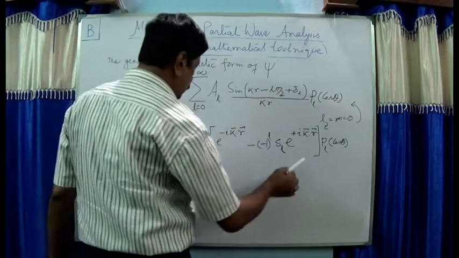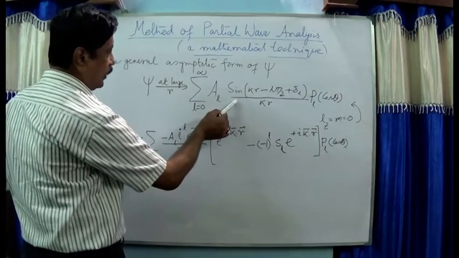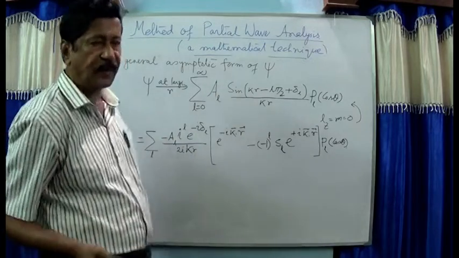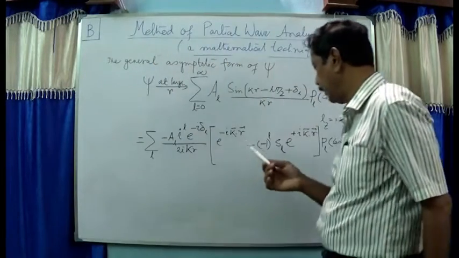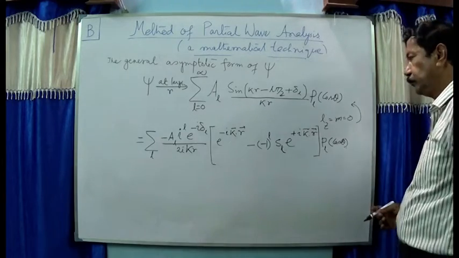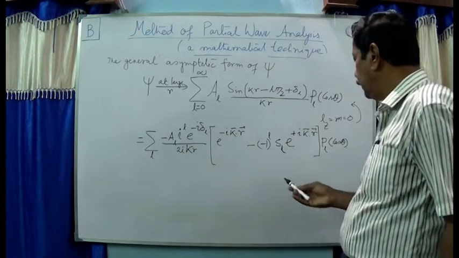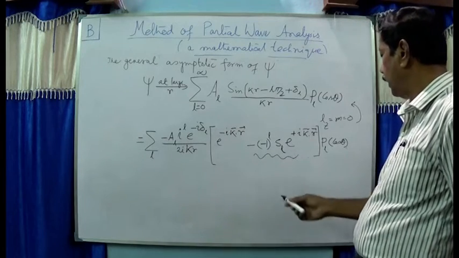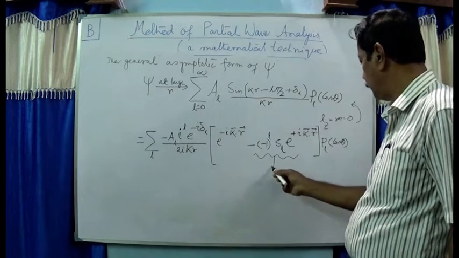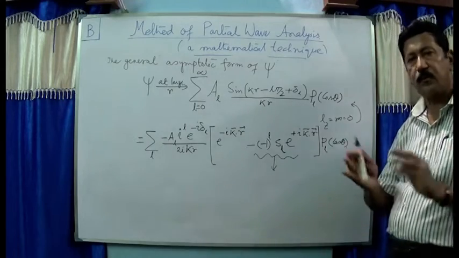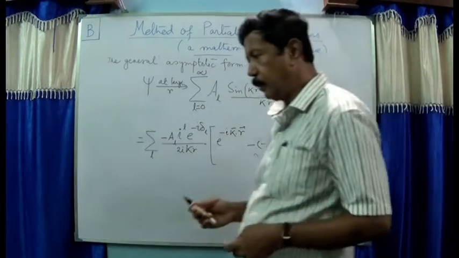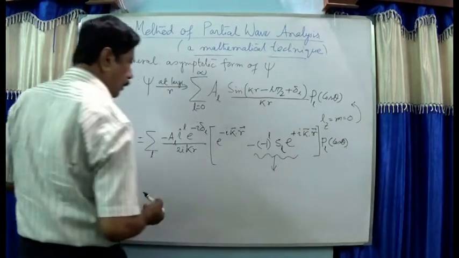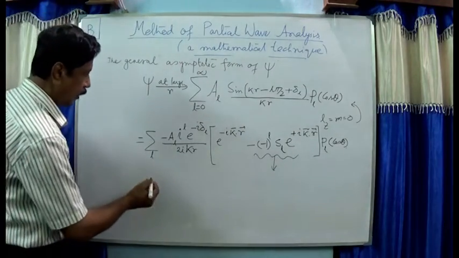So we have just rewritten this expression by substituting sin kr in the form of exponential function. Now this term can be broken up in two parts just for our mathematical technique. Let us derive this in this way.